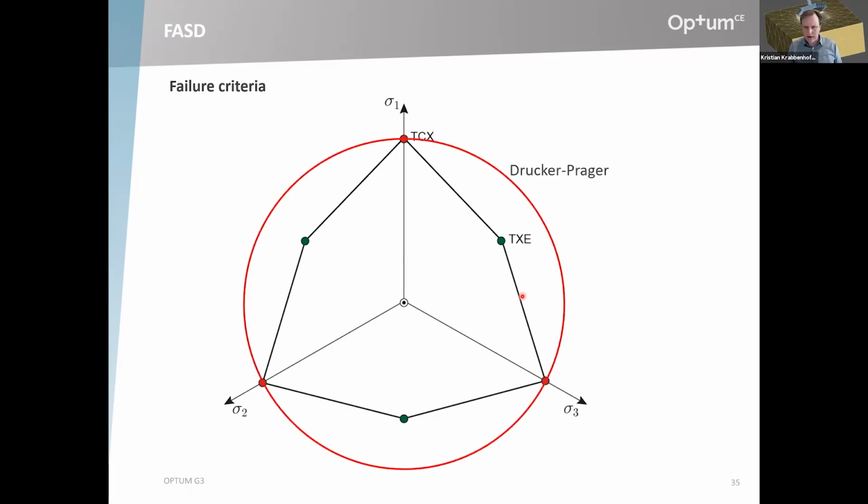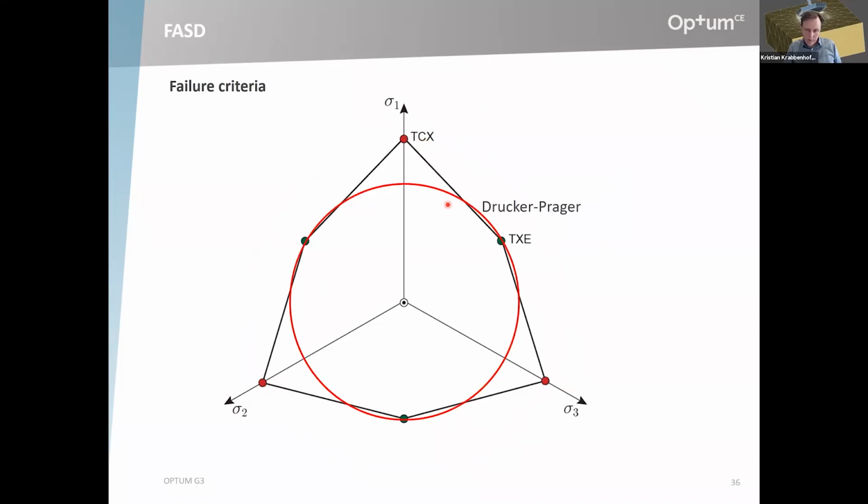criterion, the Drucker-Prager criterion, which is a circle in the deviatoric plane. It's in all the textbooks, at least on computational geomechanics, but it's not really very widely used at all, because it overestimates the strength pretty significantly if you match it in triaxial compression.